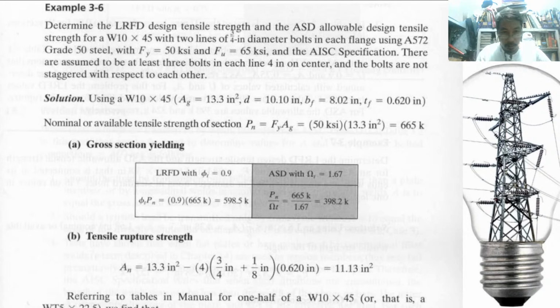So I would like to search for a table that will give us the properties of that section while you are looking for it. I would also like to look it up for myself. Where are the tables? Tables of section.